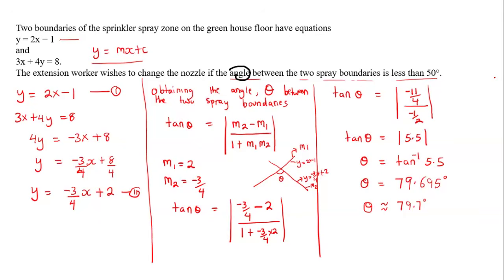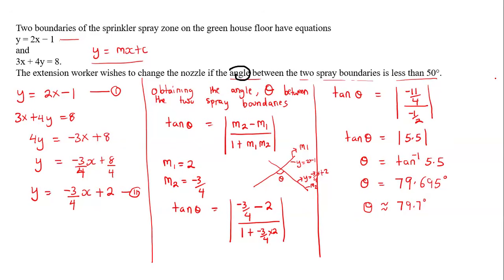So you could say that the extension worker should not change the nozzle. Why? Because the angle 79.7 between the two spray boundaries is more than 50 degrees.